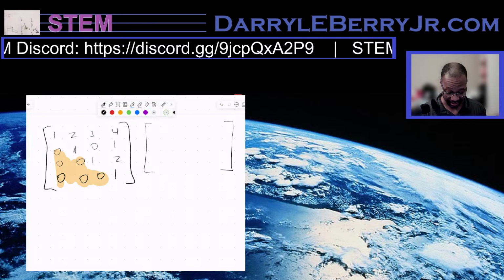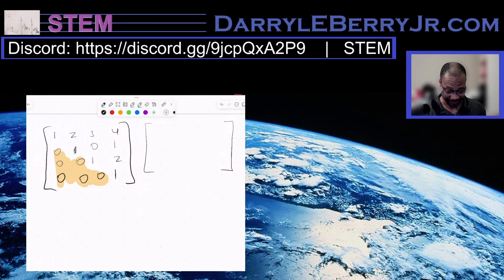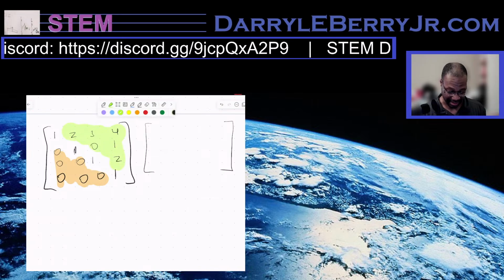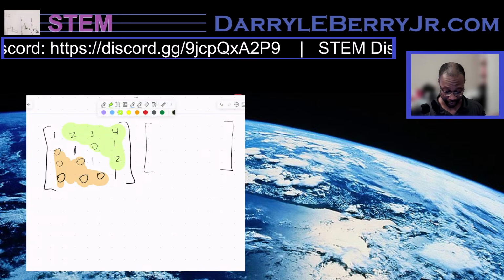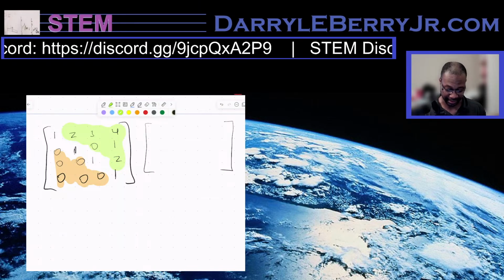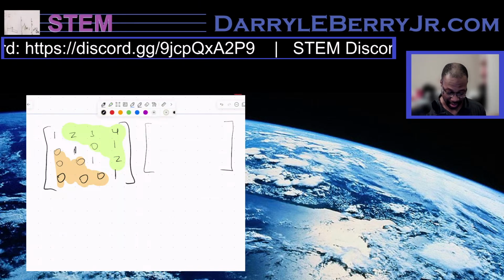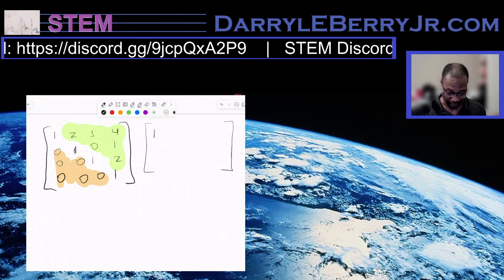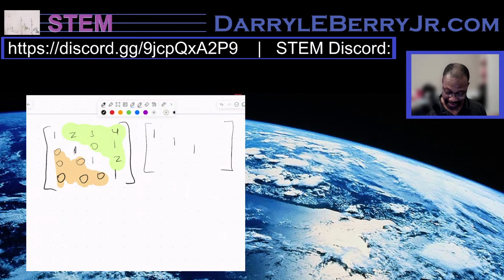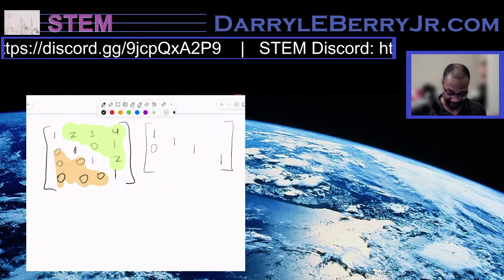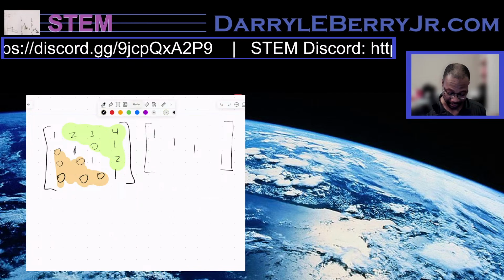The important thing is that we have zeros at the bottom and we do not have all zeros at the top. So we can call this echelon form, where there's zeros at the bottom and not all zeros at the top. And we can call it reduced echelon form when we have a column of ones and we have zeros everywhere else.